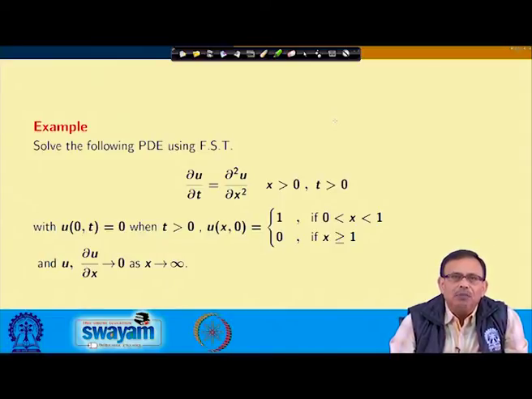Although here both x and t are greater than 0, from the condition that ∂u/∂x approaches 0 as x approaches infinity, regarding t nothing has been told about ∂u/∂t. So, we have to use the Fourier sine transform with respect to the variable x, not t.